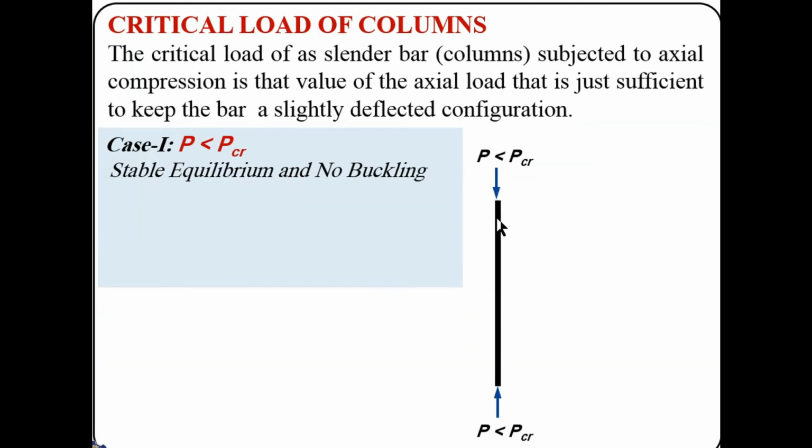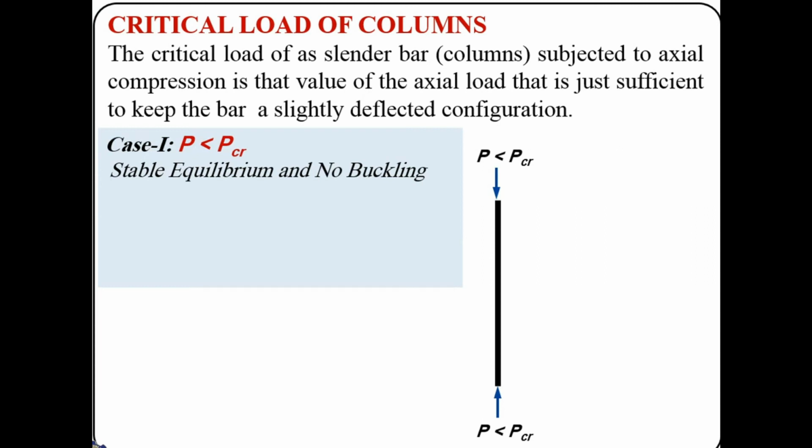If I apply the load 10, 10 divided by 1 means the applied stress is 10 megapascal, and we have 240 megapascal reserve capacity. So if I apply the load 10, or applied stress 10 megapascal, the column will remain straight. It will not undergo any lateral deformation.